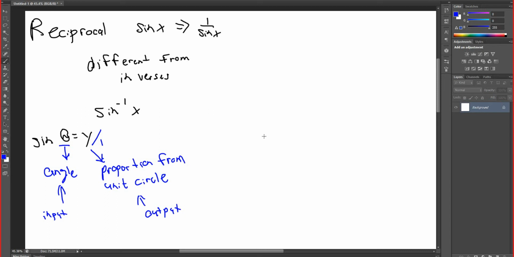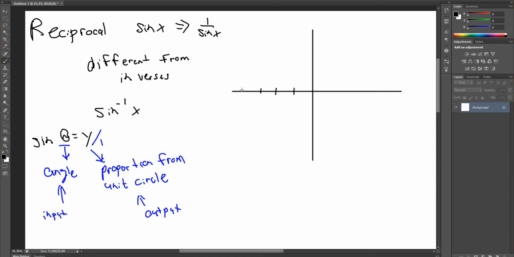I'm also going to quickly sketch this guy. So we know sine starts at 0, and then it goes up to 1 at pi over 2, back down to 0, negative 1, to 0.